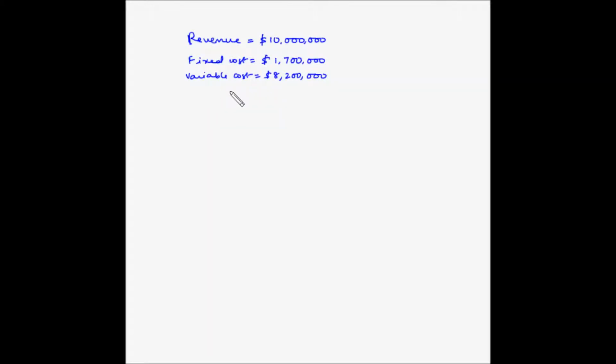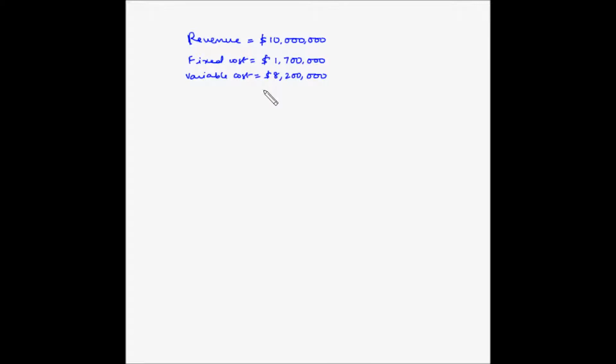So in this example, the information provided to us is that the revenue is $10 million, the fixed cost is $1.7 million, and the variable cost is $8.2 million. Now with this information, we have to find out the impact on budgeted operating income if there is an increase of 10% in the contribution margin and if there is a decrease of 10% in the contribution margin.